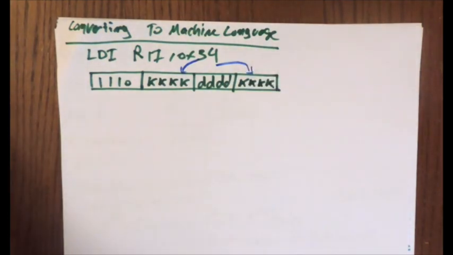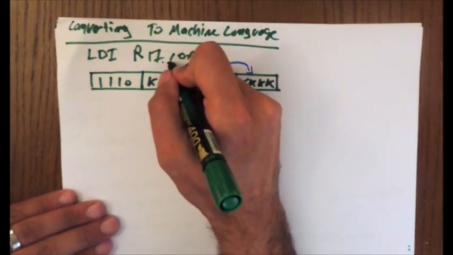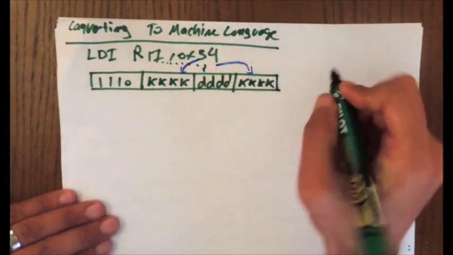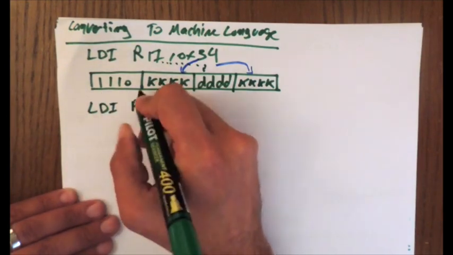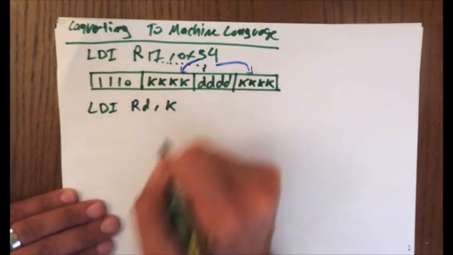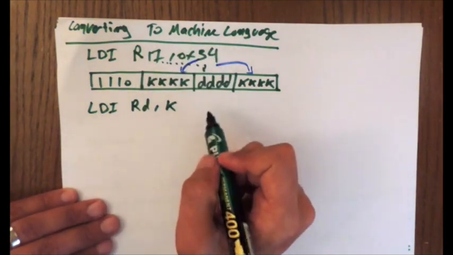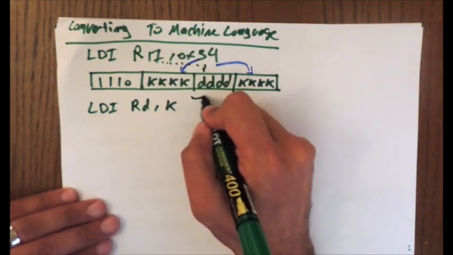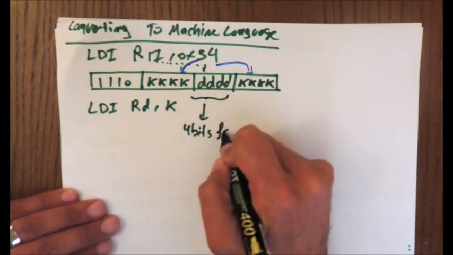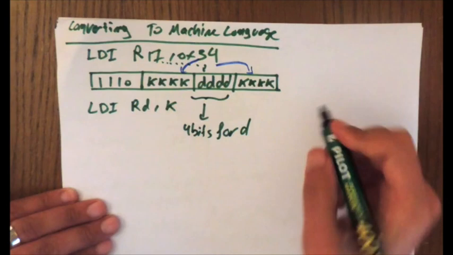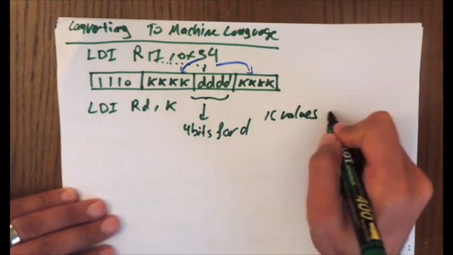And the D is actually here. Remember that LDI has Rd, comma, K. So now if I want to translate this to binary, first I notice that I only have 4 bits for D. So this limits me to 16 values only.